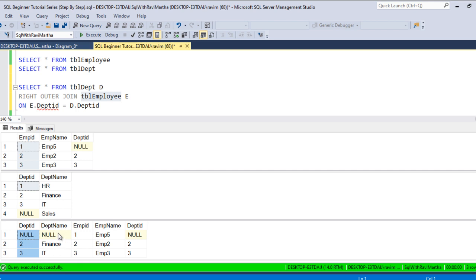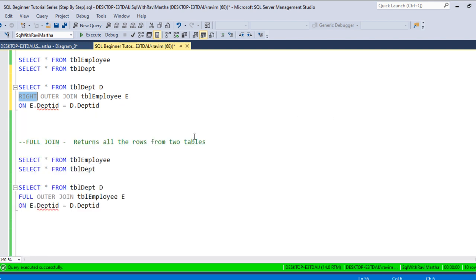So right join and left join are just mirror images, and it's one and the same. Only the tables will be swapped, the way we write it. Here the employee acts as the right table, and in left join we'll write it here and we'll write it as left. So that's how it works.